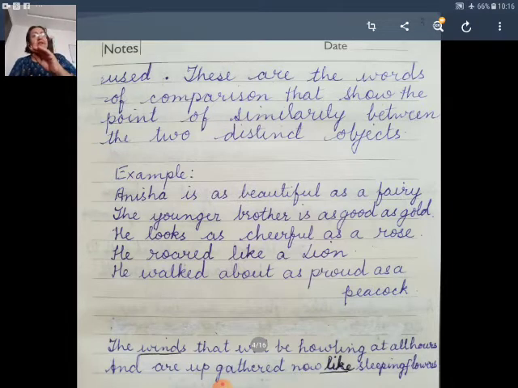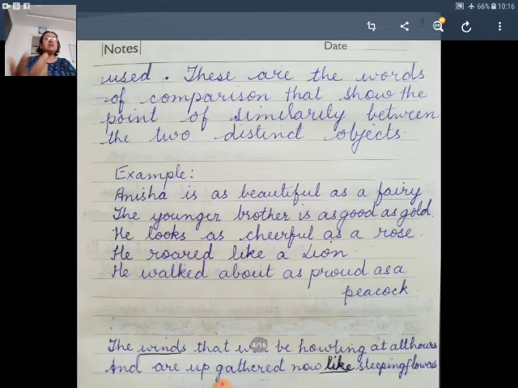So winds are compared to sleeping flowers. The winds are howling at all hours and are up-gathered. Now the winds have gathered up like the flowers that are sleeping.